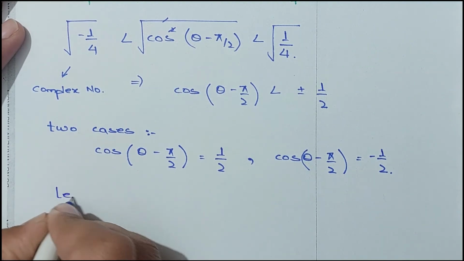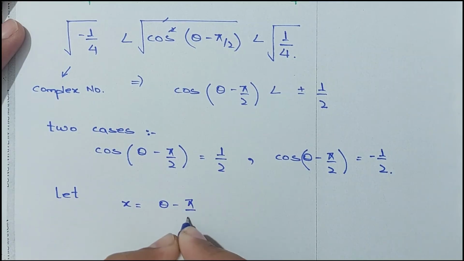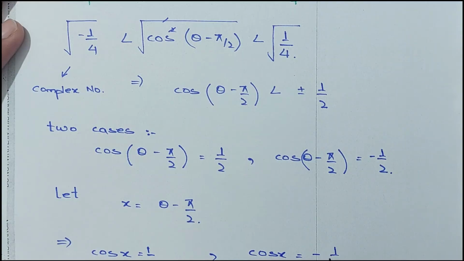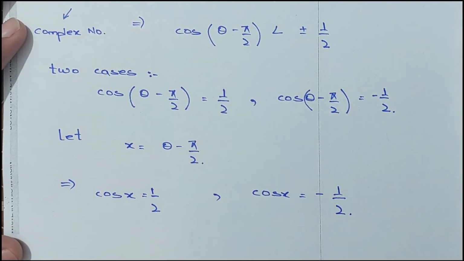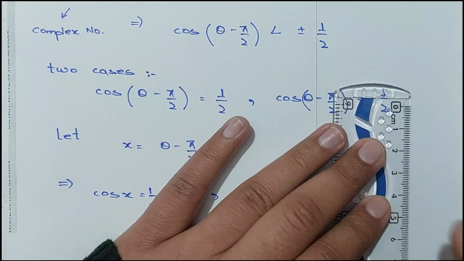So let x equal theta minus pi by 2. This implies cos of x equals 1 by 2 and cos of x equals minus 1 by 2. Now here we have to use the CAST rule as well. So if I can draw over here.